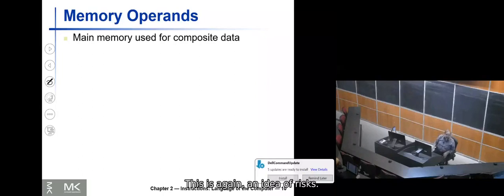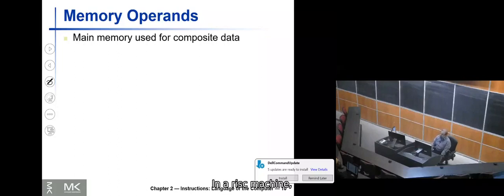This is again an idea of RISC. In CISC computers, you could work on memory directly. You say, for example, go and add 5 to the memory location 67. It is valid in a CISC machine, but it is not in a RISC machine.